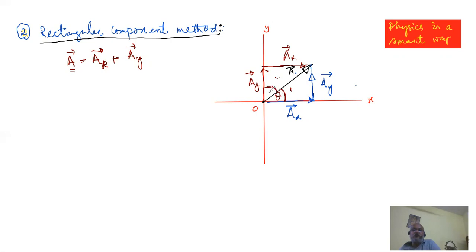The relationship between these two angles is very clear to you. The sum is 90 degrees. So either you show the vector making an angle with the x-axis or with the y-axis. Both ways it will do. I have taken the x angle, no problem. It is not that you are required to consider the y angle or you cannot consider the y angle. No, any angle will do the job.